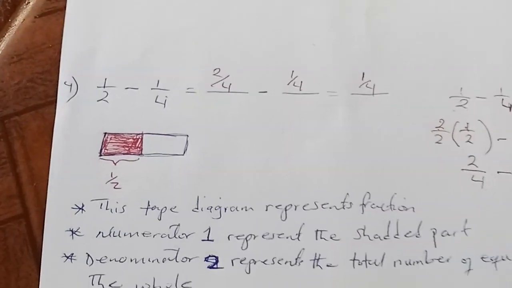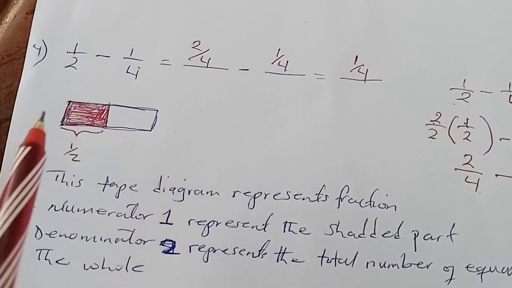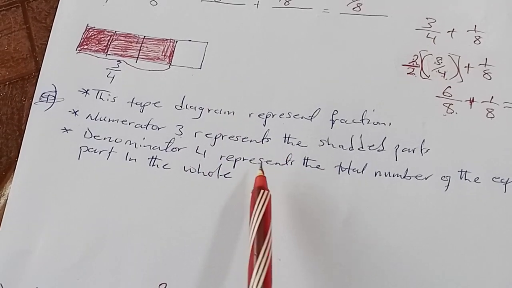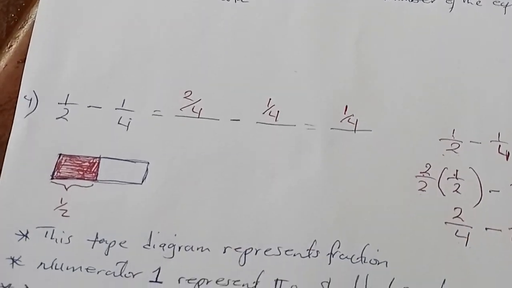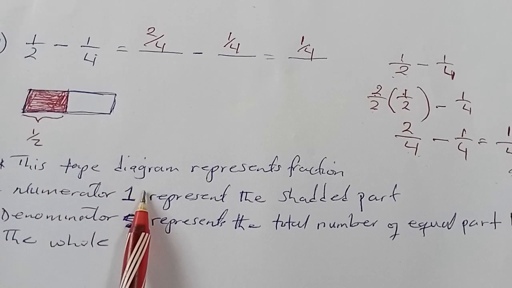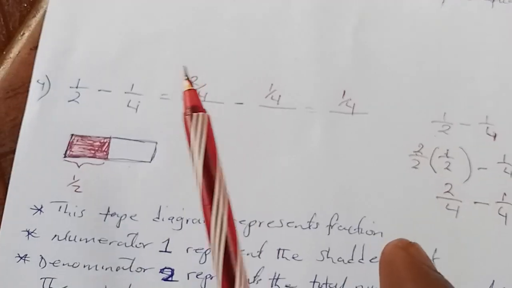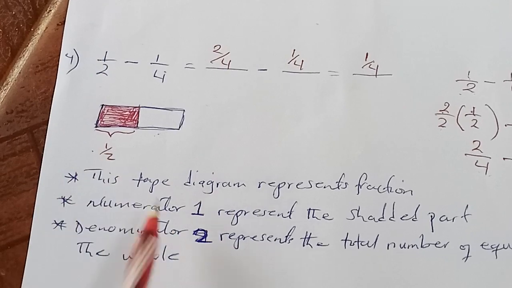Now to show the representation of this question, we have this diagram. We can use the conclusion from the first problem here. This tape diagram represents a fraction. The numerator, which is 1, represents the shaded part.